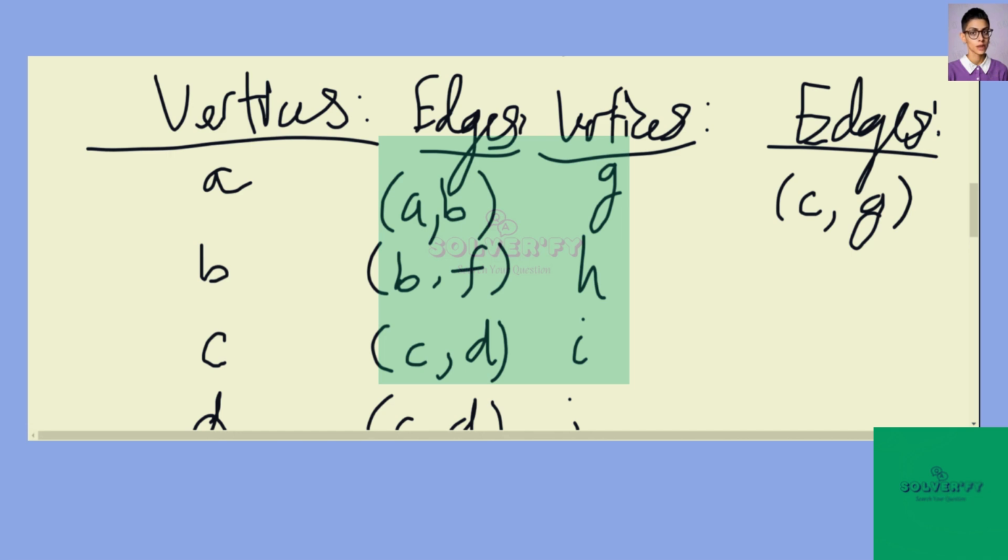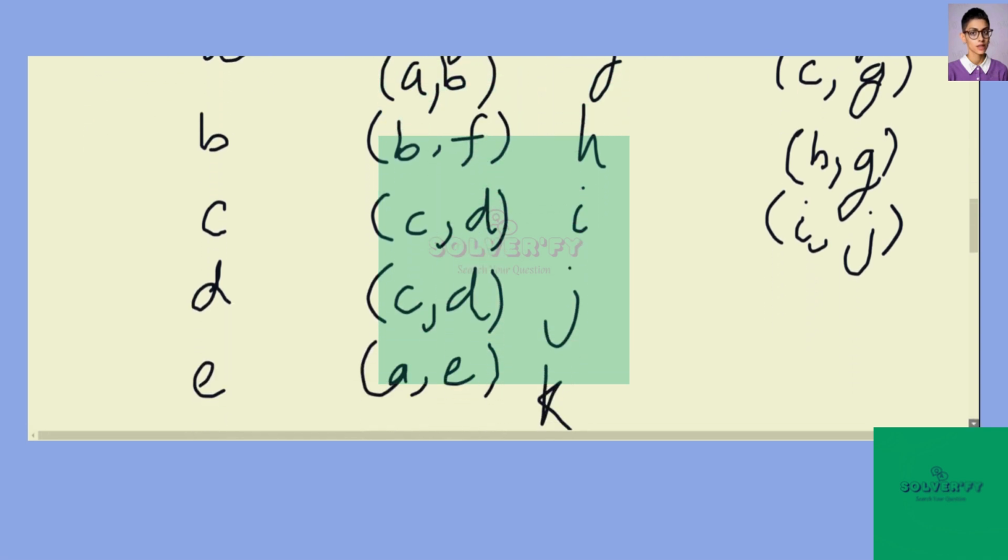The edge incident to H with the smallest weight is HG with a weight of 3. The edge incident to I with the smallest weight is IJ with a weight of 3.